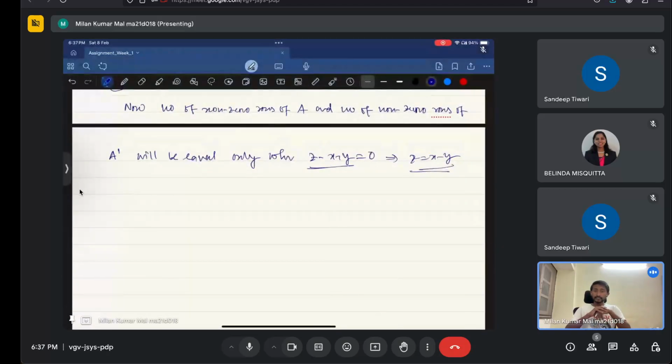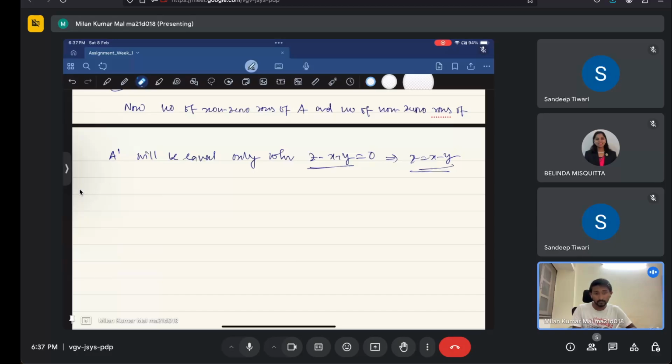Any element in the range is x, y, z, where z can be written in terms of x and y. But x and y can't be written as scalar multiples of each other, while z can be written in terms of them. That's why the dimension of the range space is 2. Then by the previous rank-nullity theorem, nullity of T plus rank of T equals the dimension.